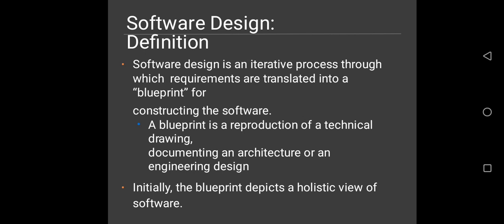Initially, the blueprint depicts a holistic view of the software. Very initially, the software is viewed as a collection of requirements, then a collection of data, then a collection of design models, then software modules, various modules.